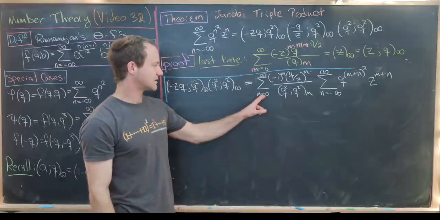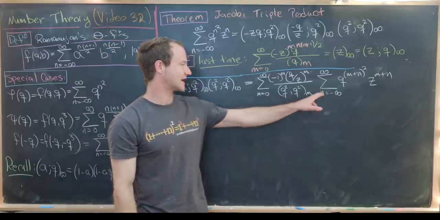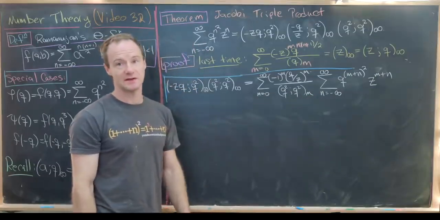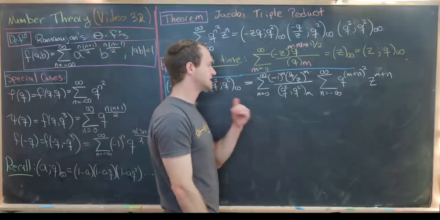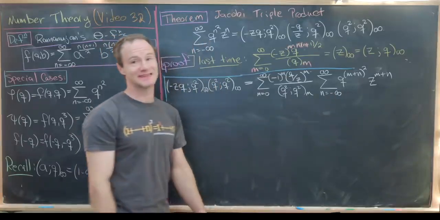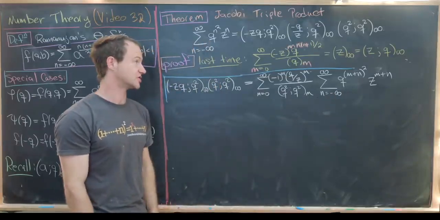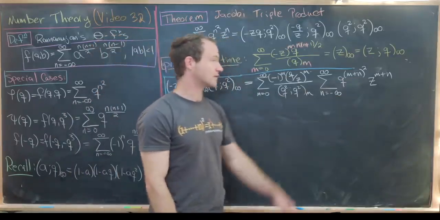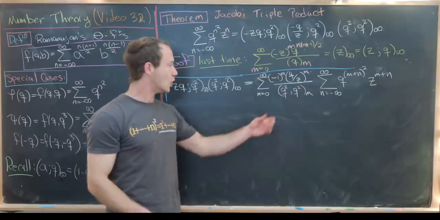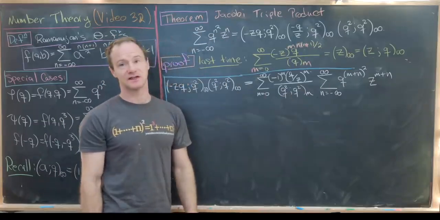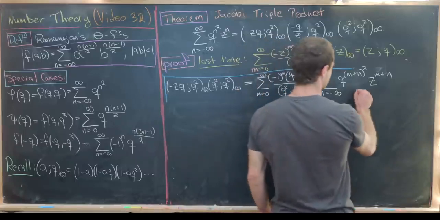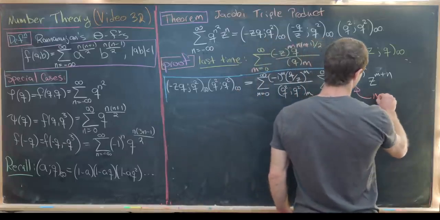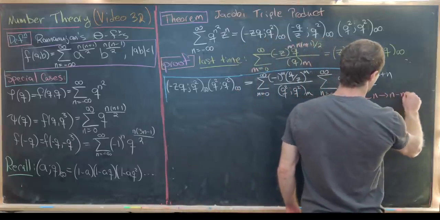So notice I've got an outside sum with respect to m, and I've got an inside sum with respect to n. But what's important to notice is that this inside sum with respect to n is over all integers. That means I can re-index it so that it no longer depends on the outside sum. We would do that kind of like this. Maybe we would replace n with n minus m.